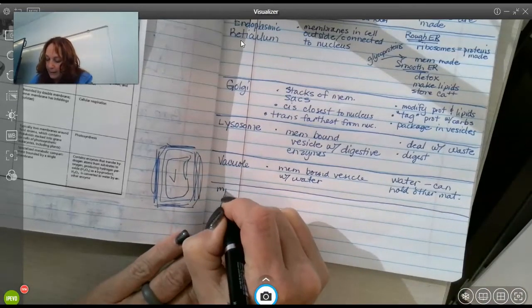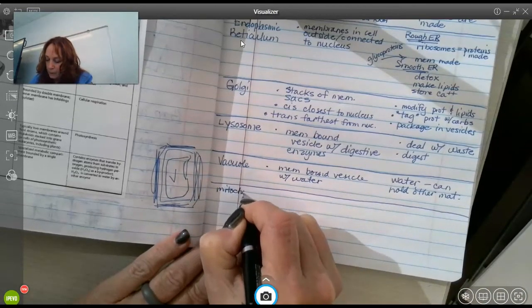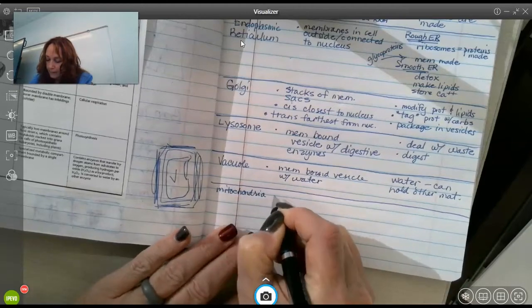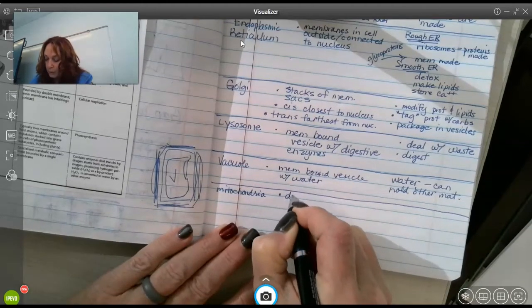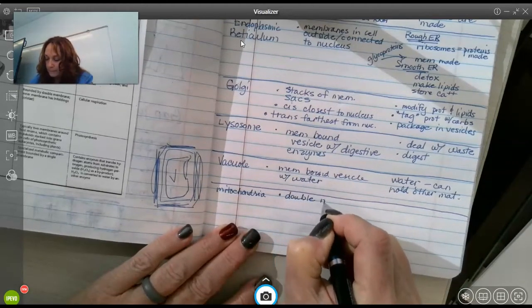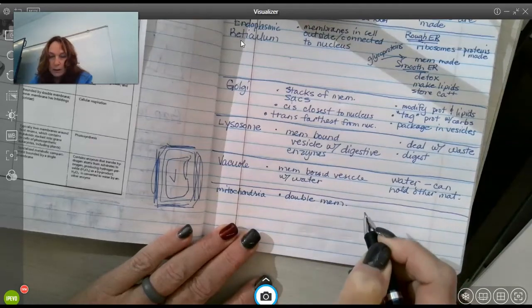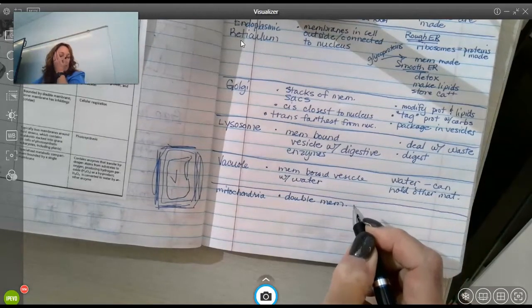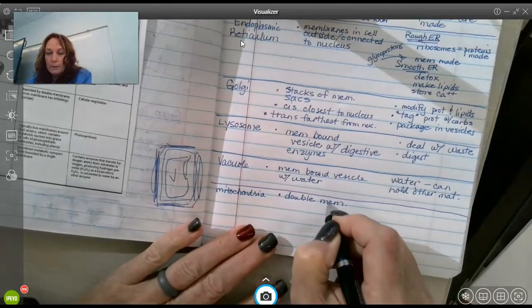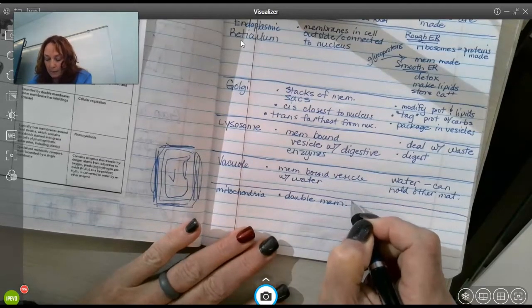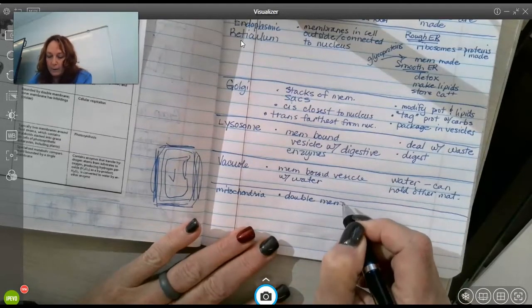Then you have mitochondria. Number one structural component is double membraned because of the endosymbiotic theory, where it was engulfed and its own membrane is there and then the one that was around it.